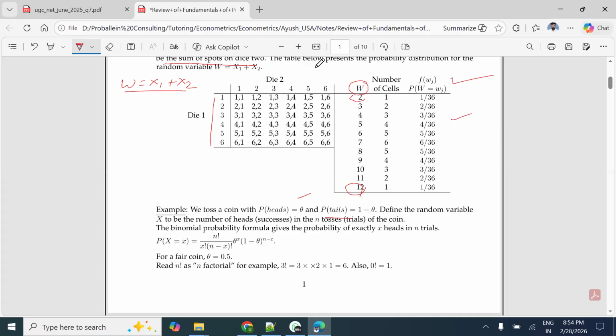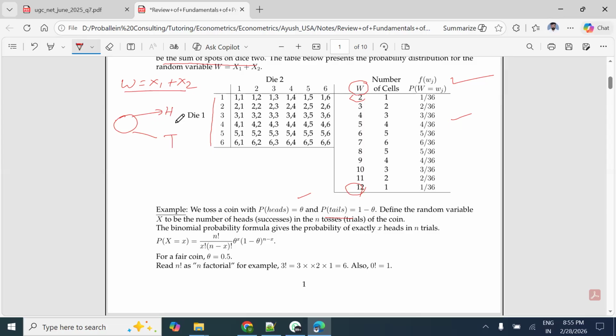Like when you are tossing a coin, right? Suppose I am throwing a coin. There are two possible outcomes: one is head, the second is tail. So there are only two possible values.